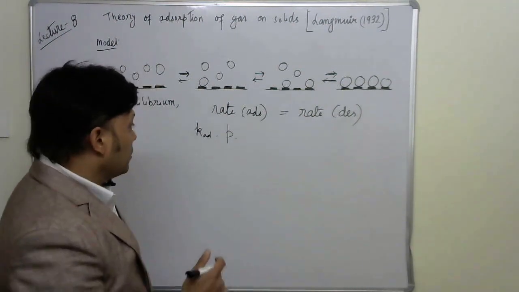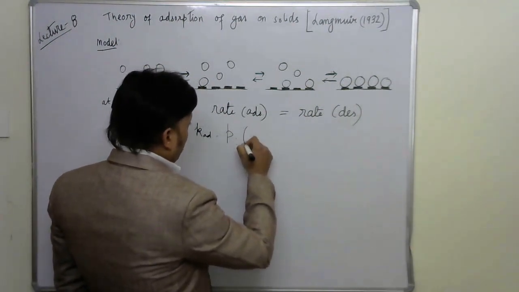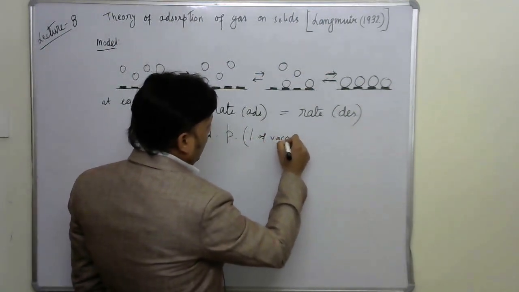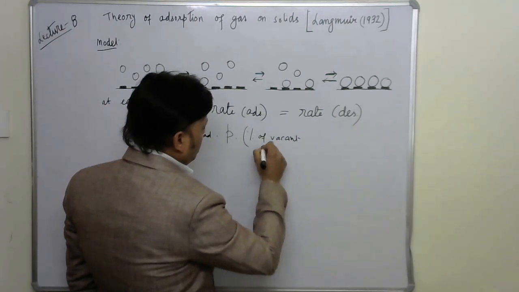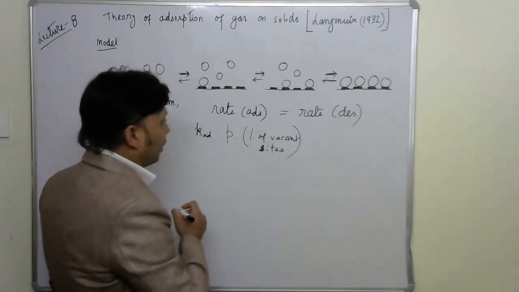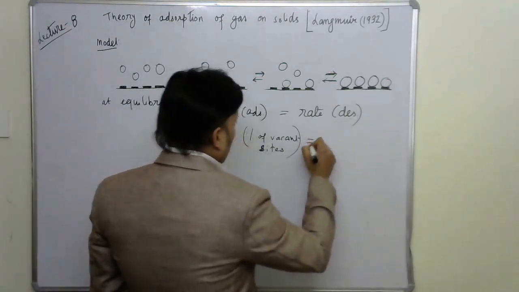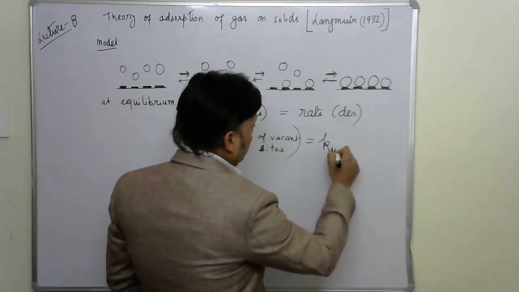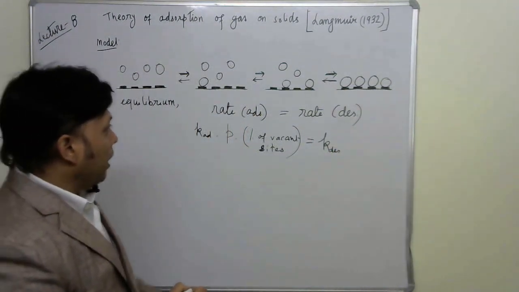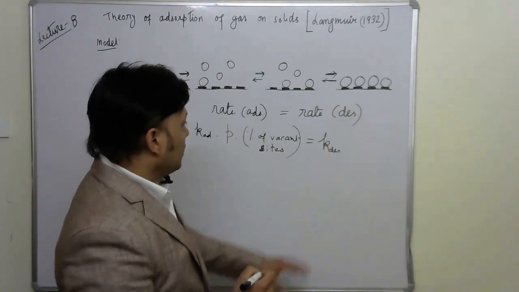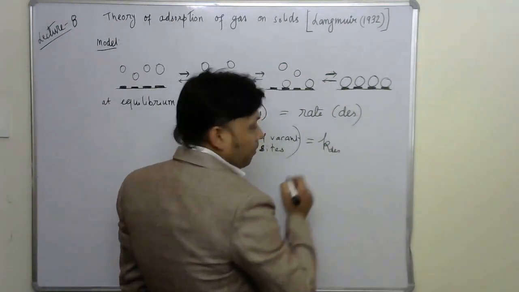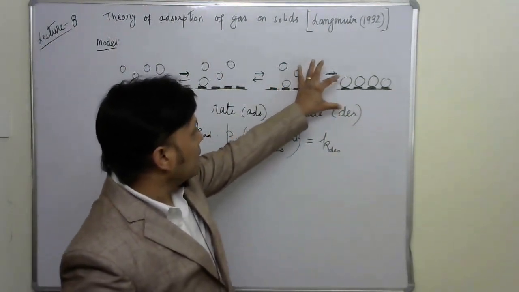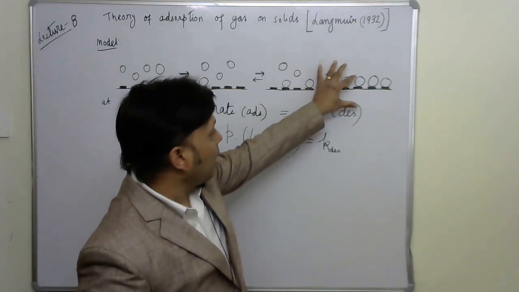So we multiply by the percentage of vacant adsorption sites on the solid. This is equal to the rate constant of desorption, another arbitrary constant, K desorb, multiplied by something that would only depend on the number of molecules that are adsorbed.